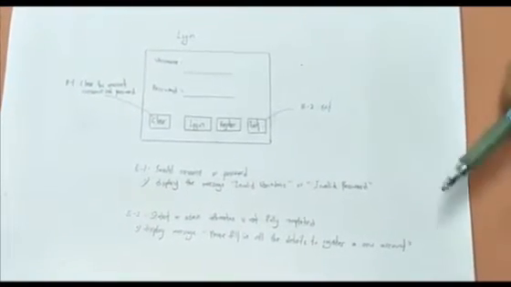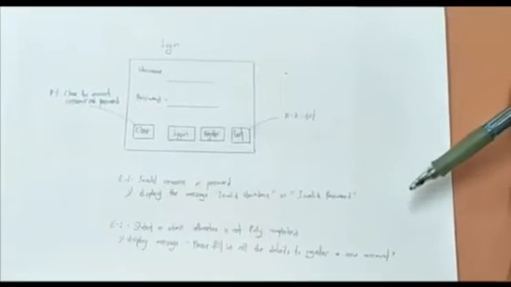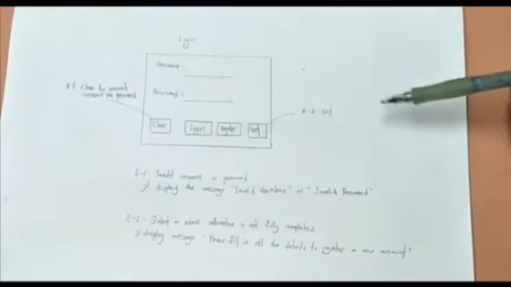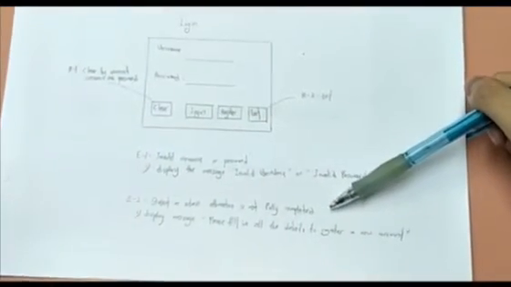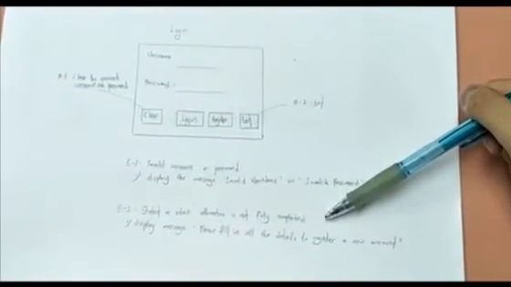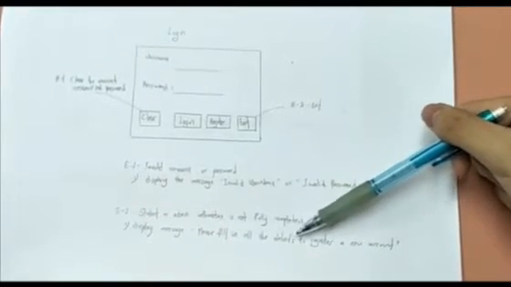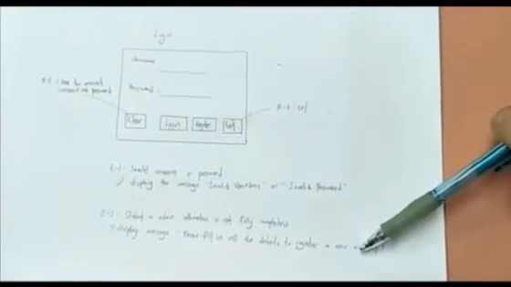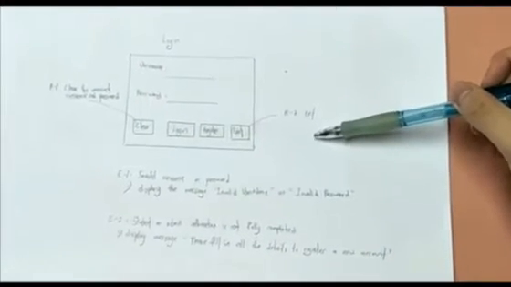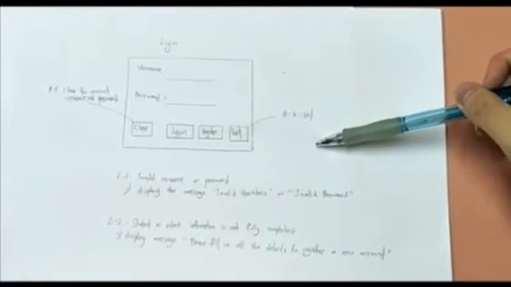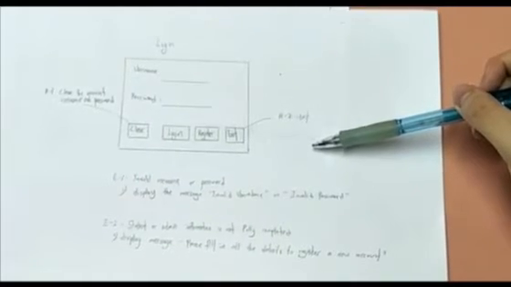It will update the student or admin info and display the successful message. If the student or admin information is not fully complete, the application will display the message, please fill in all the details to register a new account. For the exit button, if the student or admin presses the exit button, the application will close.